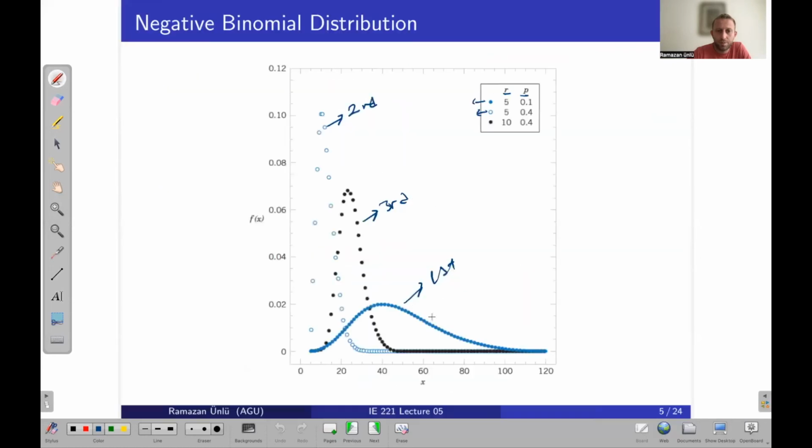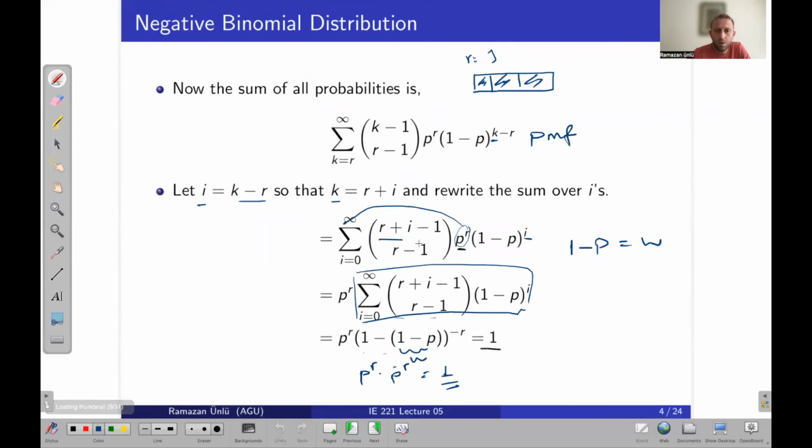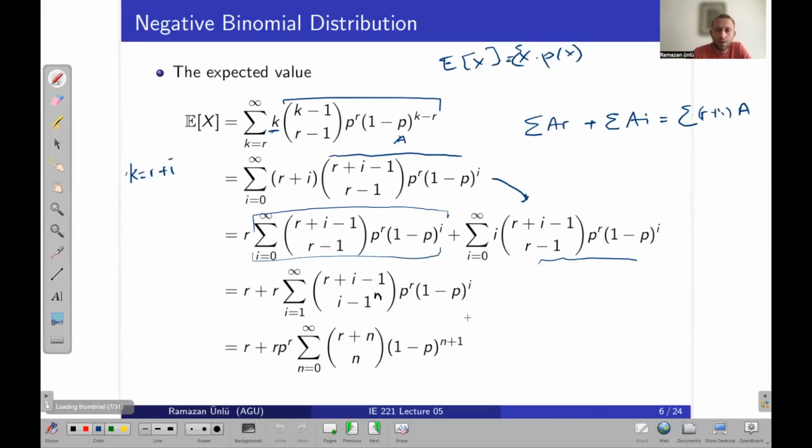So this is equal to 1. So I can just write 1 instead of this one, and it will be just r.